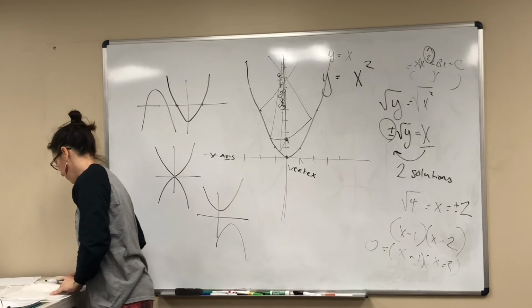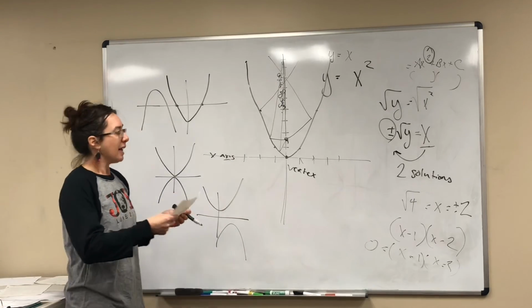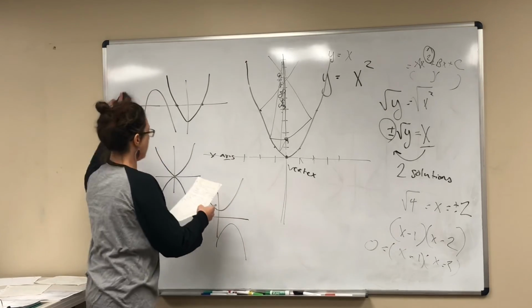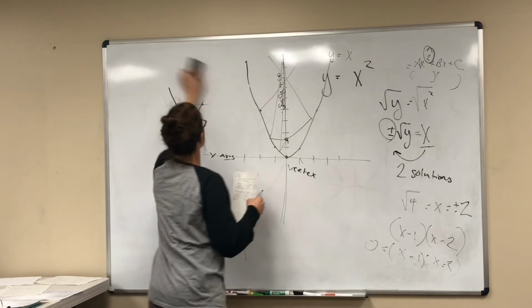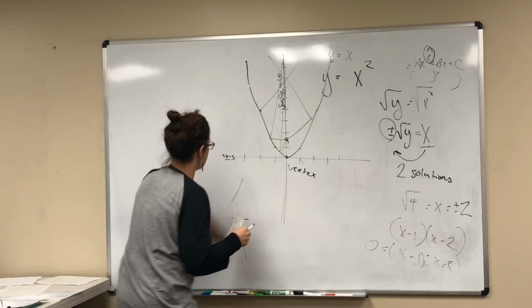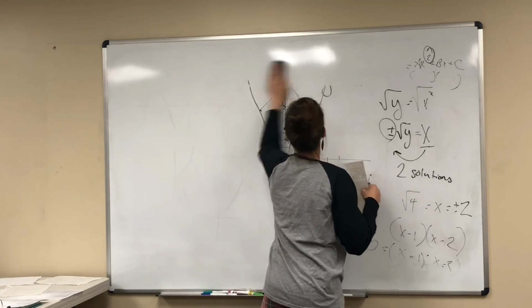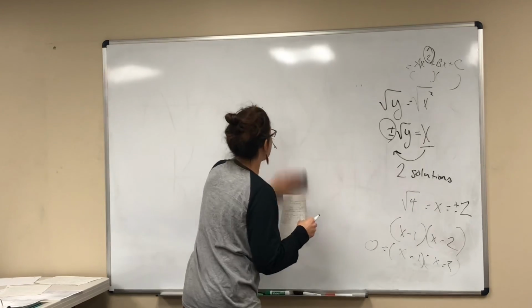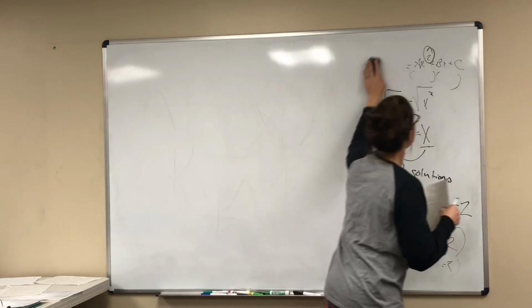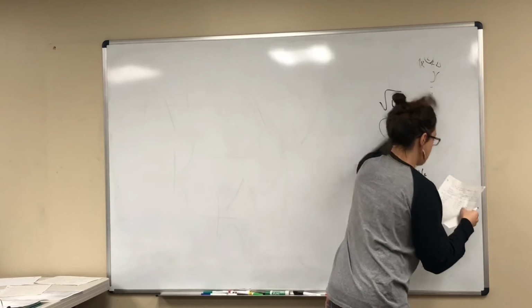Now, when we go over a parabola and a quadratic equation, we're going to start looking at some equations and finding out what we can tell and figure out just by looking at the equation.